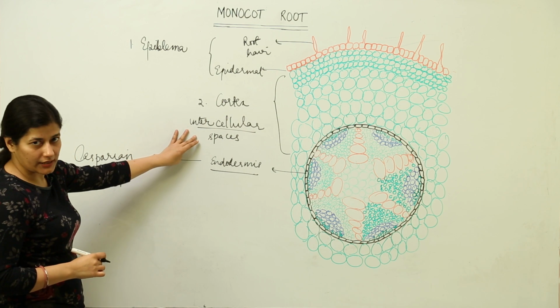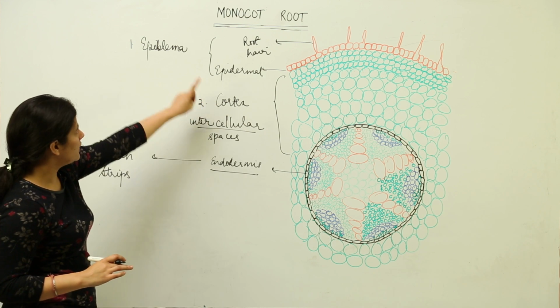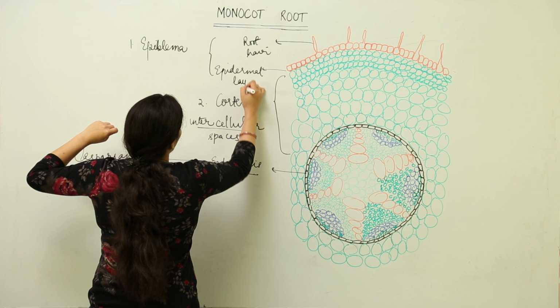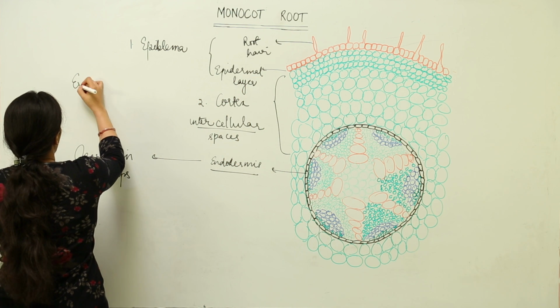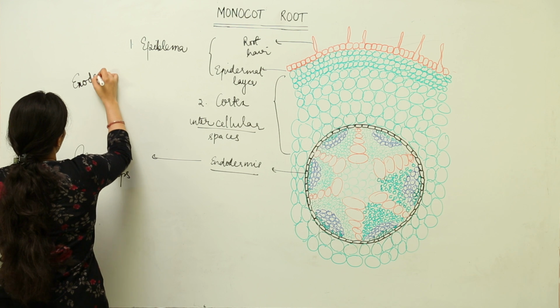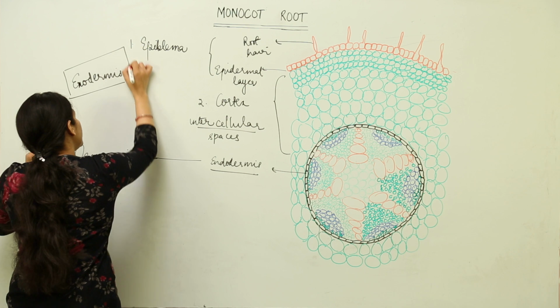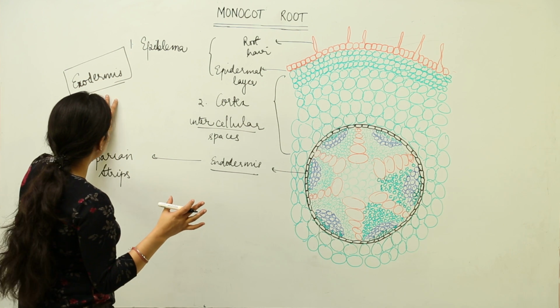In the second thing, we have to remember that apart from epidermis and cortex, we have one term that we come across in the case of monocot root, that is exodermis. Please remember this, exodermis. Exodermis is what?